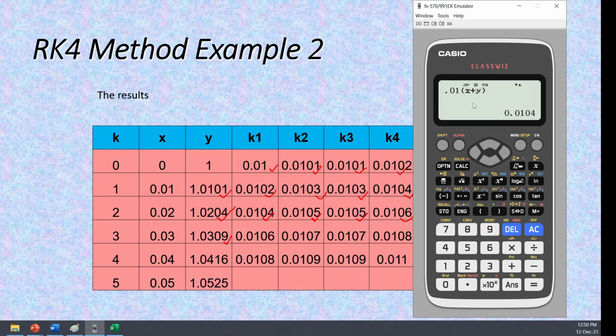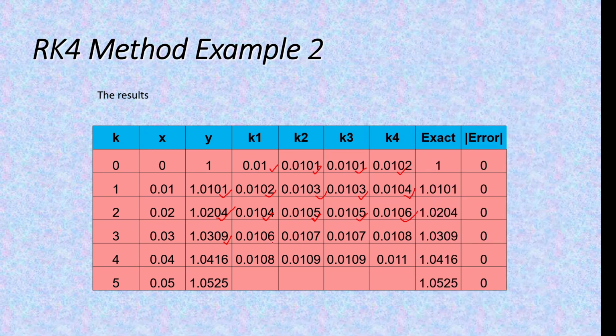So, okay, this is the K1 formula. Calculate. So now for K1, K equal to 3, yeah? X is 0.03. Y is 1.0309, correct? If correct, you equal. You get 0.0106.